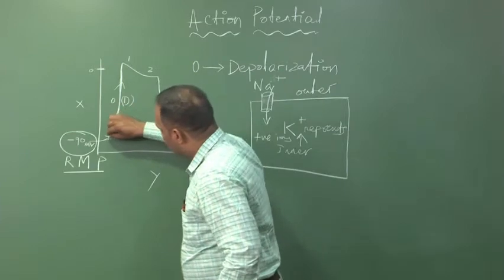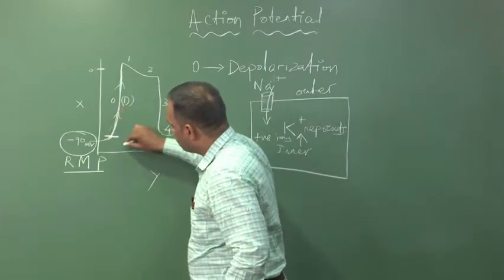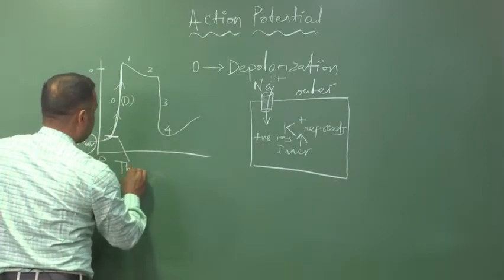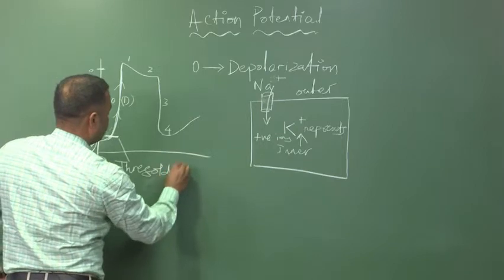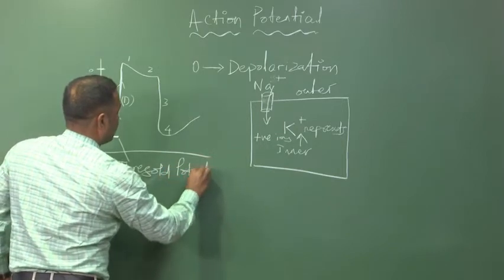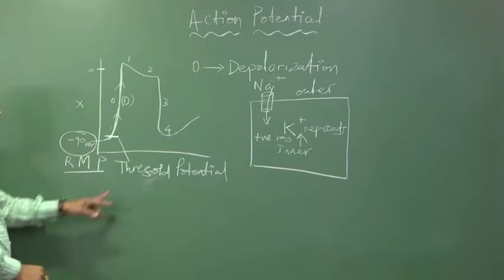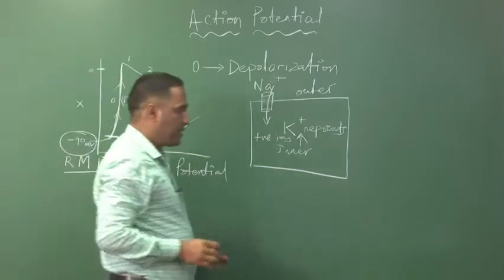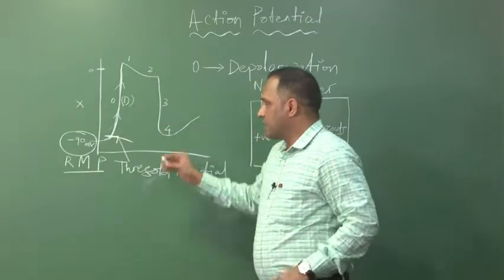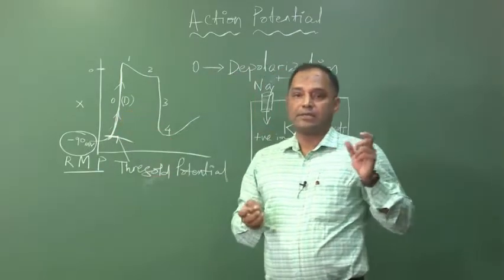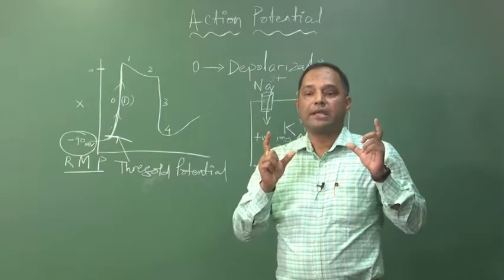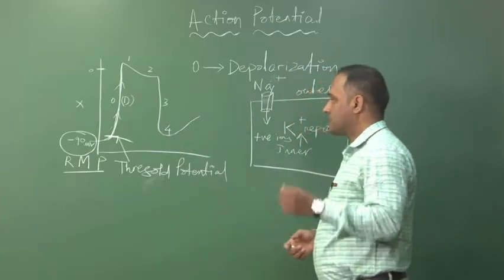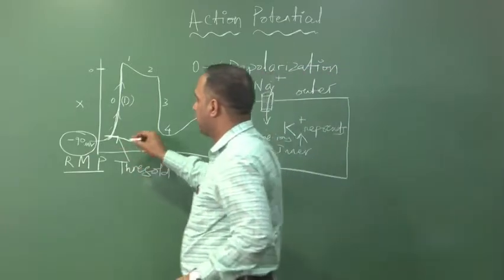I can say this point is the threshold potential where the things generate. This is the threshold potential, where we can say that from here a new action potential conducts its propagation, its mode of action, from this minus 70 millivolt.